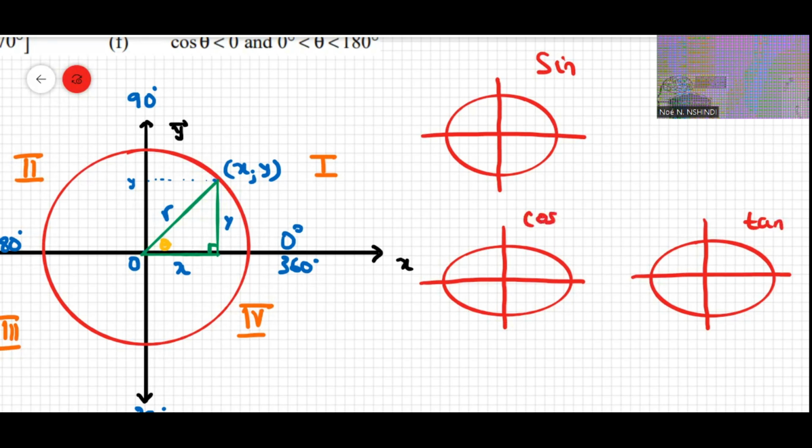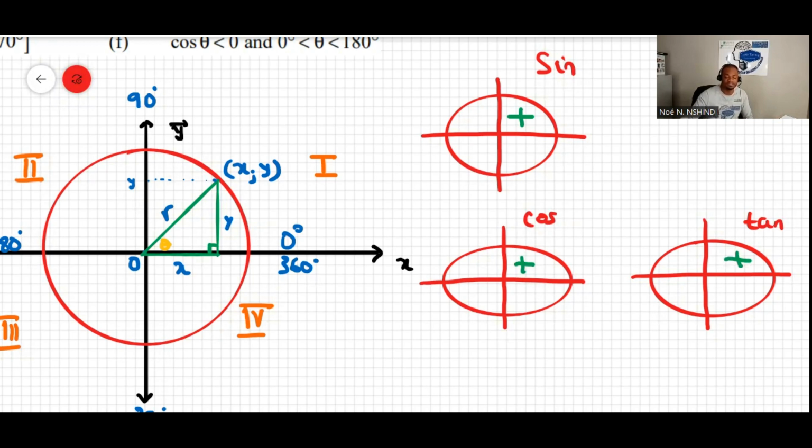Now, it is important to know the signs of these three functions in which quadrants. They are all positive on the first quadrant: sine, cos, and tan.